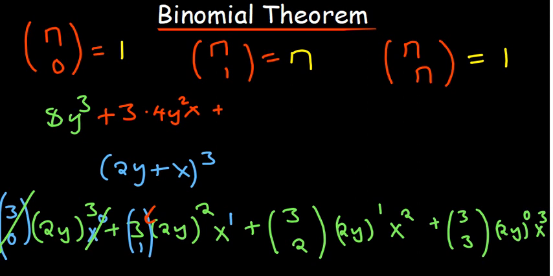You continue like that. 3 choose 2. Okay, so I also didn't talk about that. Whenever you're choosing something less by 1, I believe it should just be 3 itself. So 3 factorial over 3 minus 2 factorial times 2 factorial. So your answer will be 3.